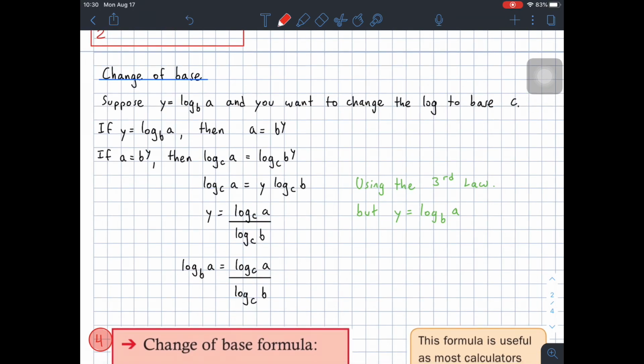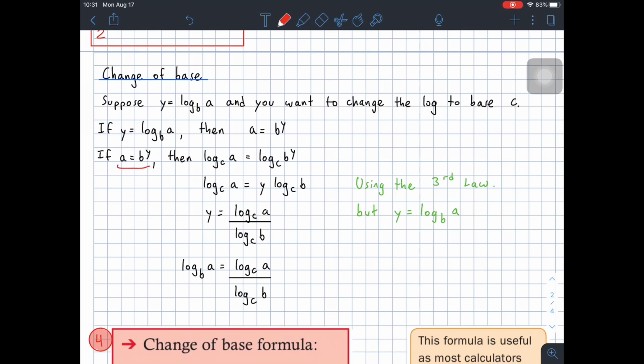If y is equal to log base b of a, then this is the same as saying that a is equal to b to the power of y, right? b to the power of y is equal to a. That's exactly what we have written here.